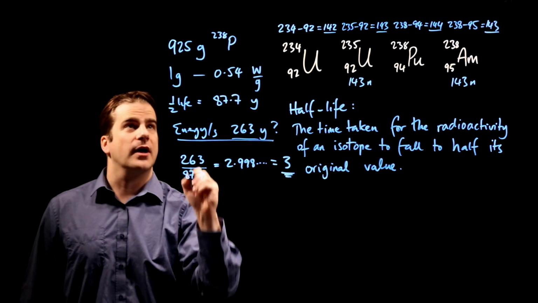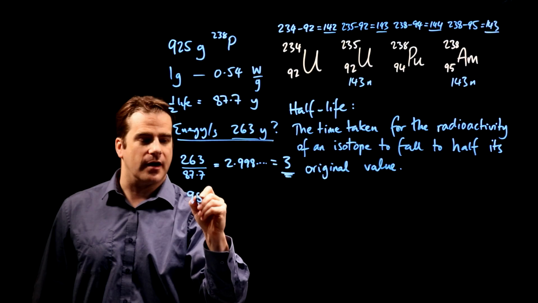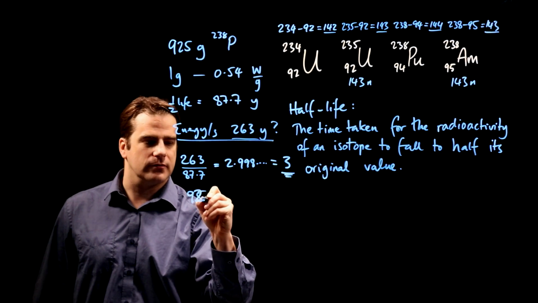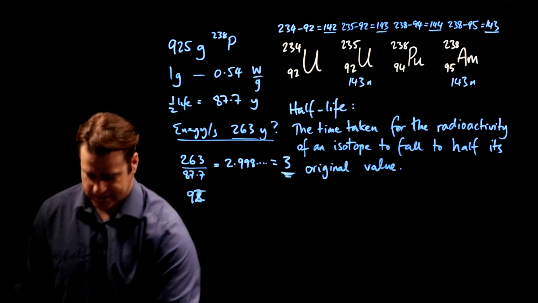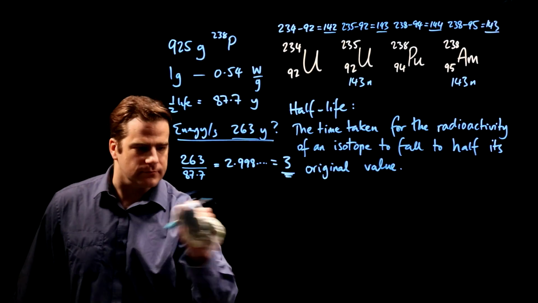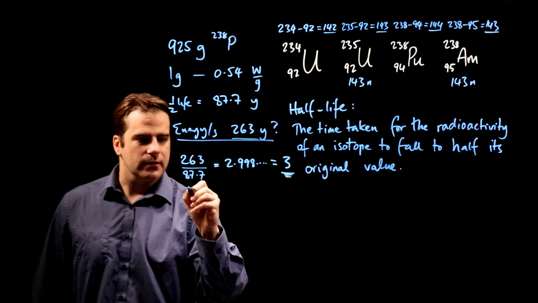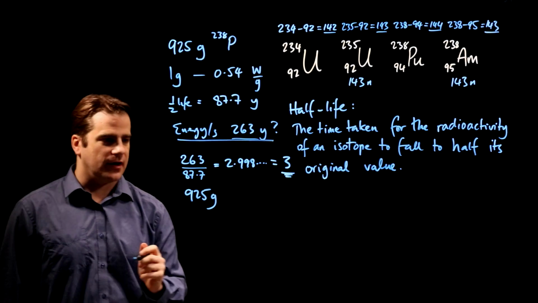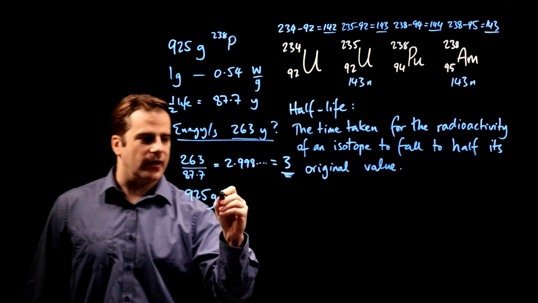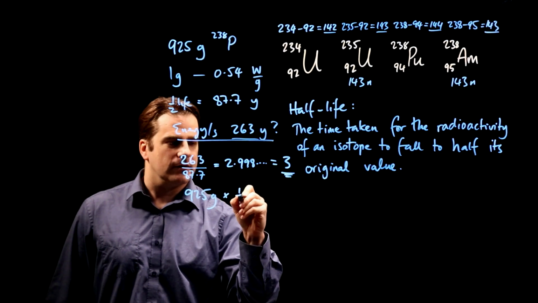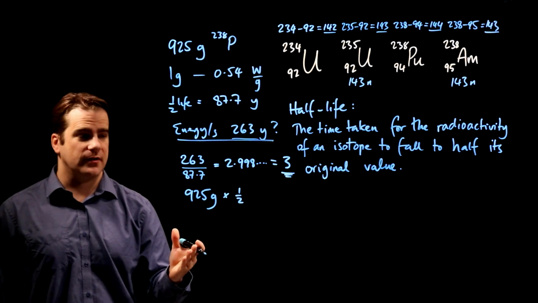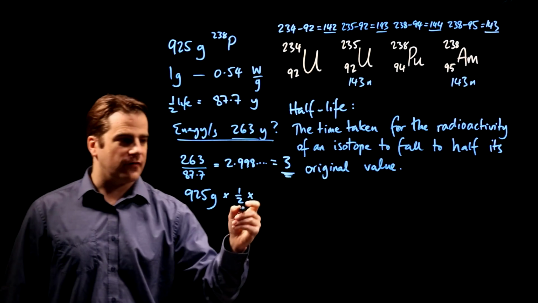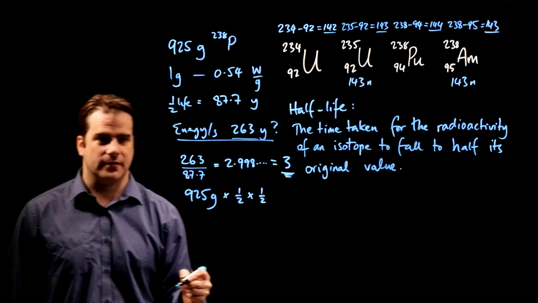Good. Right. So, if 3 half-lives have passed, we can work out how much of this is left. We have 925 grams, and 3 half-lives. After 1 half-life, there's half of it left. The other half has decayed. After the second half-life, there's half of that left.